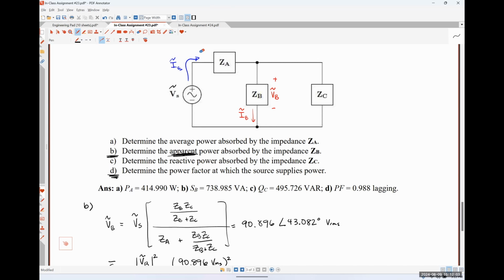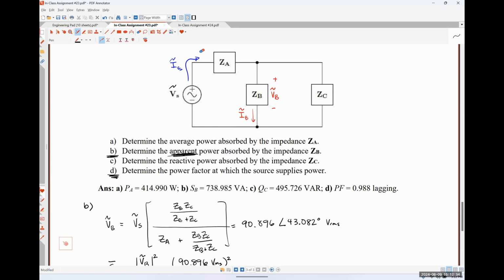Which way would you guys prefer? The easier one. Which one's easier? I argue that they're both pretty easy.